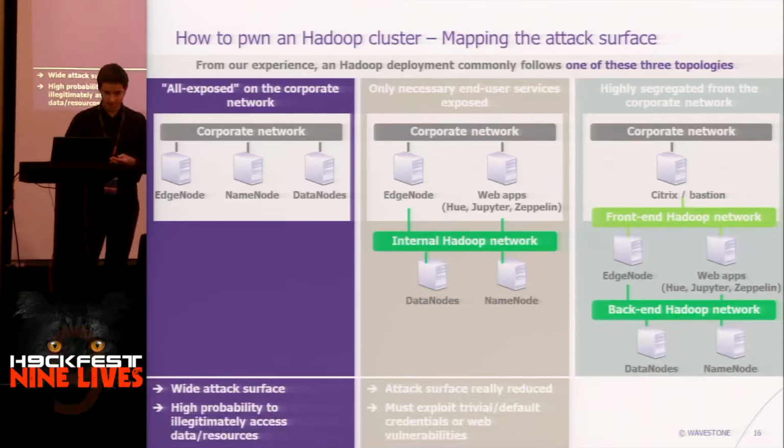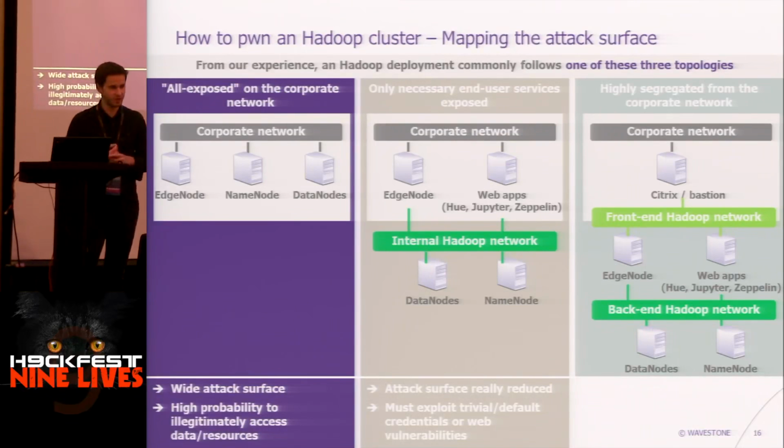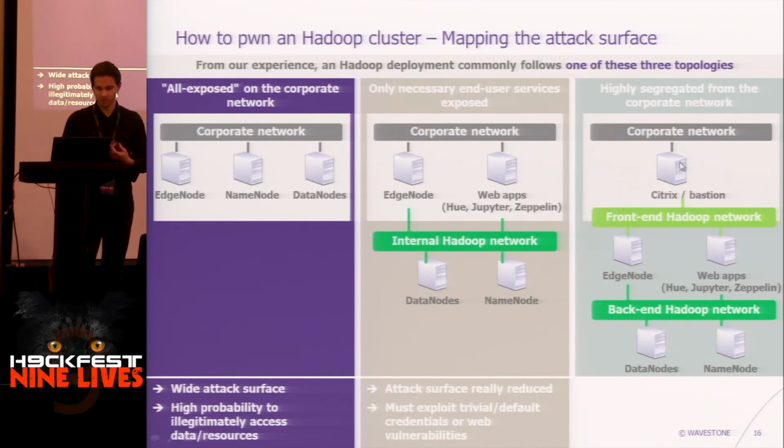And then you have the highly segregated from the corporate network, aka I'm paranoid about security of Hadoop, and I don't want anyone to leak any file contained on the Hadoop cluster, which are most likely teras, hundreds of teras, like almost petabytes of data. So here it is even more complicated for attackers.